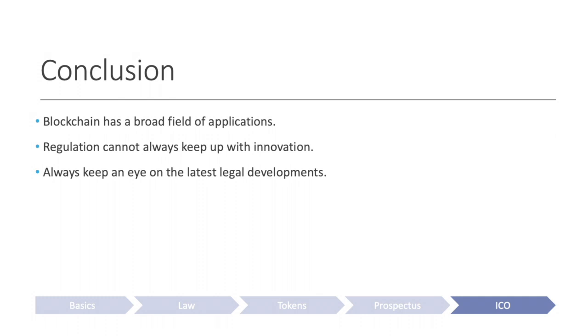Especially when it comes to blockchain, there are still many things unclear, leaving us to some extent with legal uncertainty, which also has to do with the scarcity of case law. It is therefore advisable to always keep an eye on the latest legal developments.